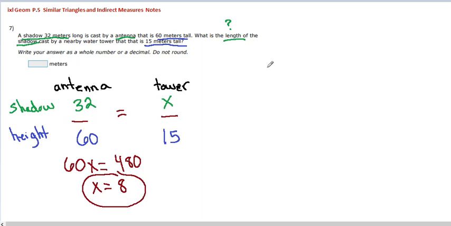And again, I should have shown you on the other picture, but the reason that we can figure out those things based off the shadow and the height is that when you have 90 degrees like this, you can draw an imaginary line down there, and then you actually have triangles.